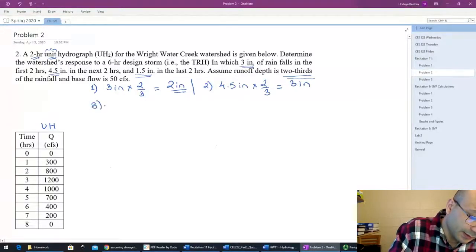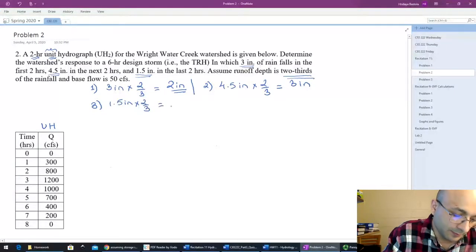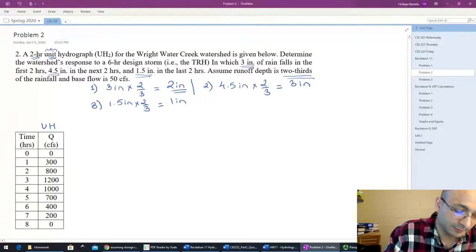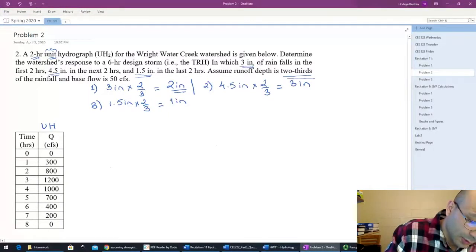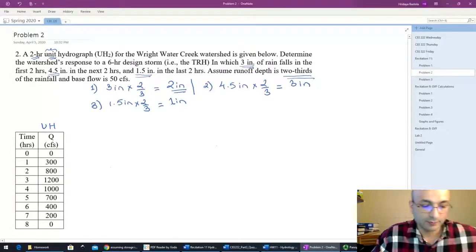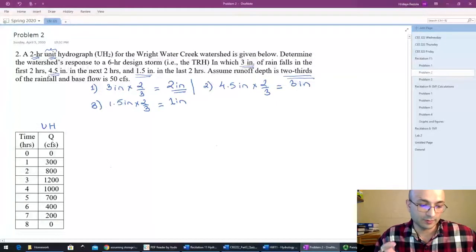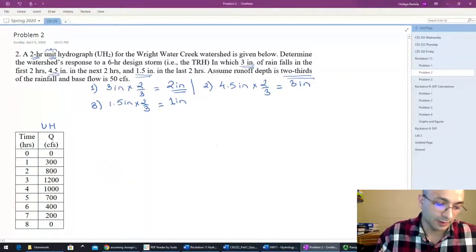Finally, for the last 2 hour storm portion, we have rainfall of 1.5 inches, and 2/3 of that equals 1 inch. So now we have the runoff for the three portions of that 6 hour storm event.